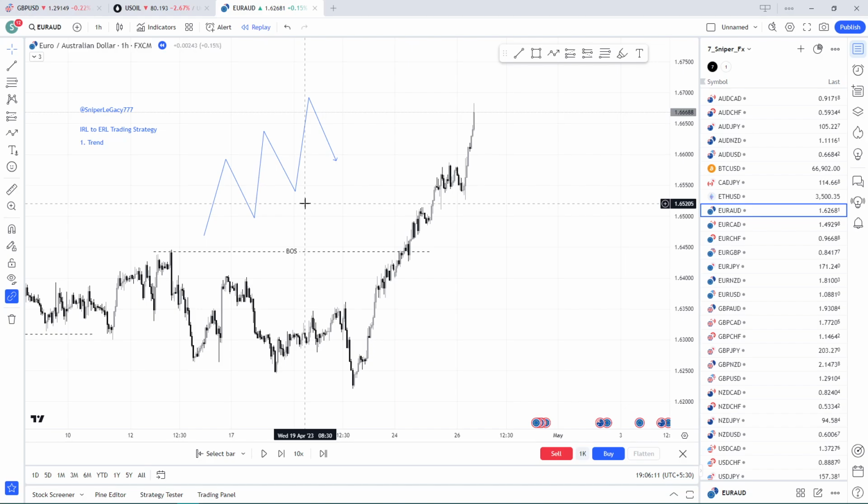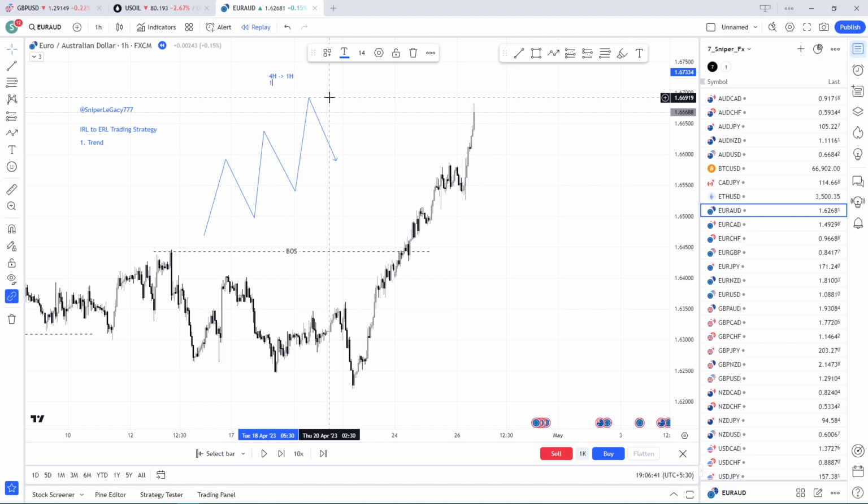For this example I have considered the EUR/AUD 1 hour chart. We can consider any time frame guys, like 15 minutes, 1 day, 4 hour, 30 minutes, 3 minutes, 5 minutes, anything is fine. But I would recommend you do the IRL to ERL analysis on 4 hour and take trades on 1 hour.